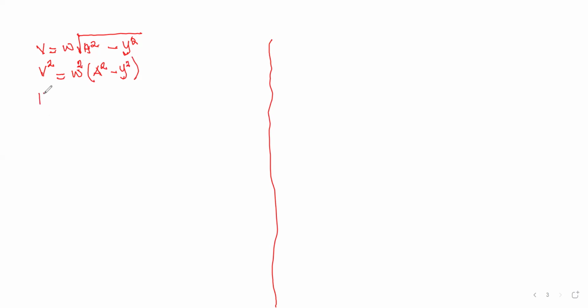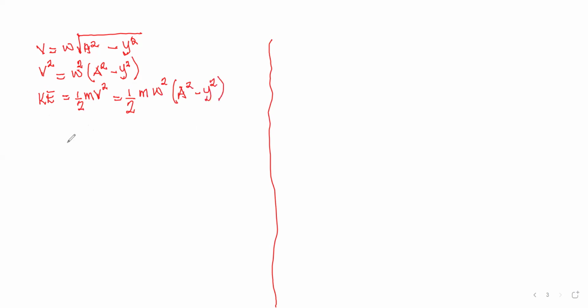When we substitute this into kinetic energy, half mv squared, we get half m omega squared times a squared minus y squared.